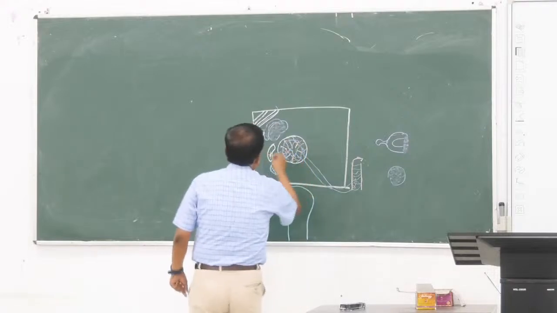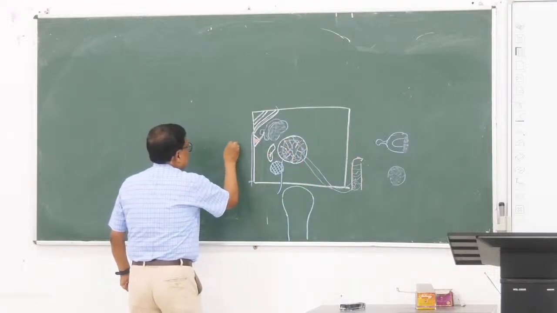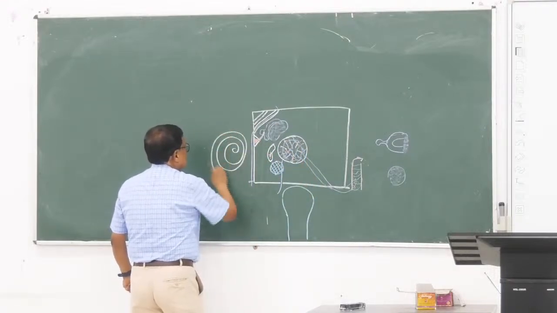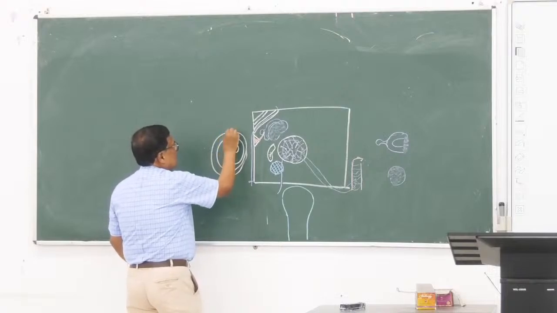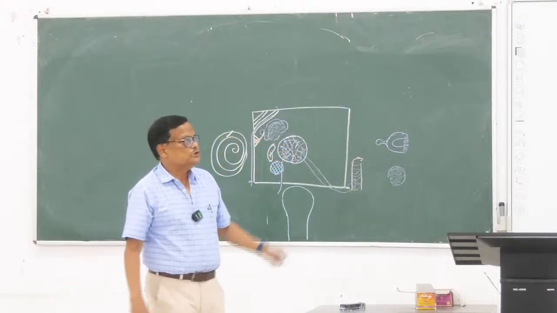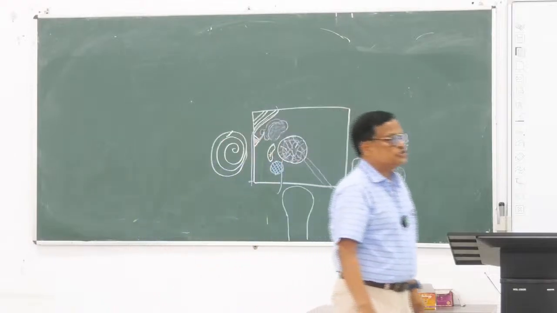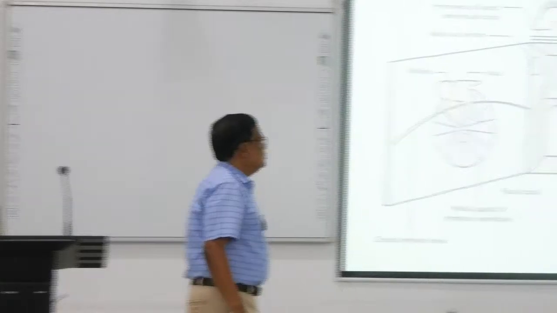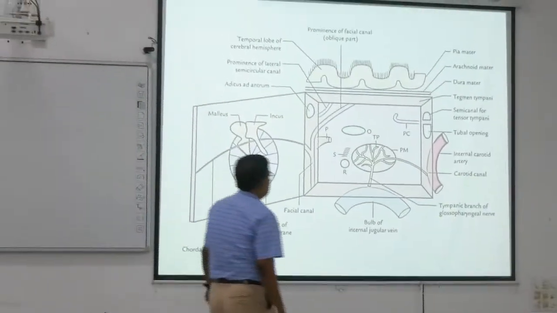I have told you this is the first turn. This first turn produces this elevation. So this is about the posterior wall and the lateral wall.